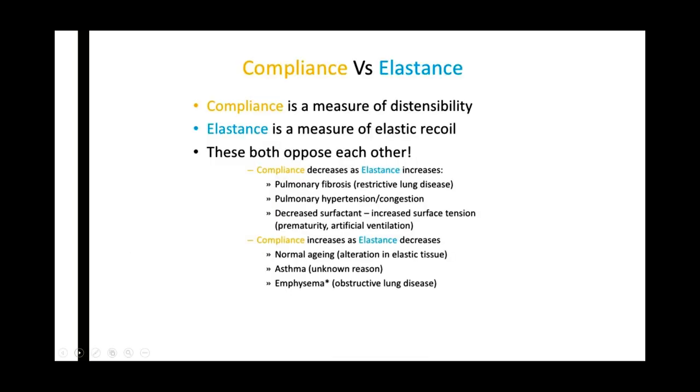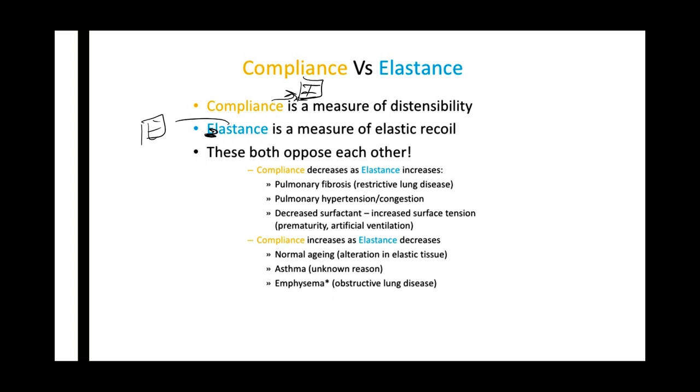Now, where a lot of students get mixed up, myself included, is comparing compliance to elastance. When you hear compliance, think inspiration. Okay, this will help. And when you hear elastance, oh, it has an E and I didn't even realize that, think expiration. So compliance is a measure of distendability.